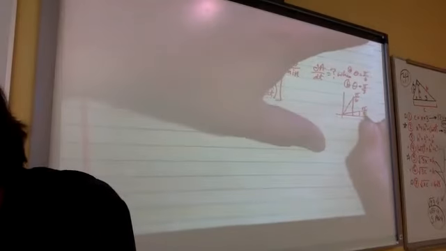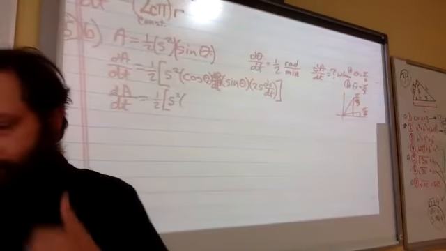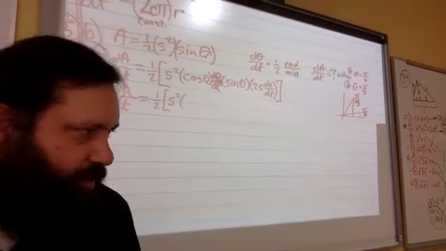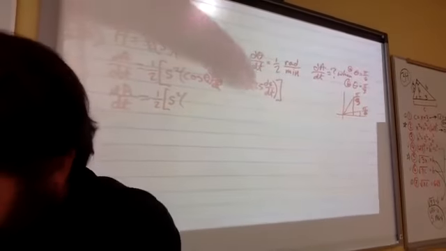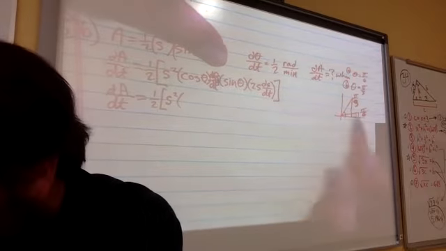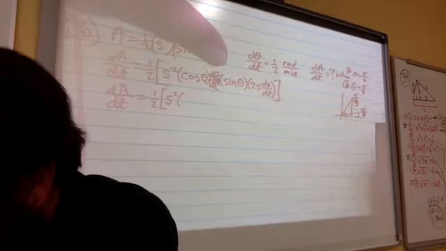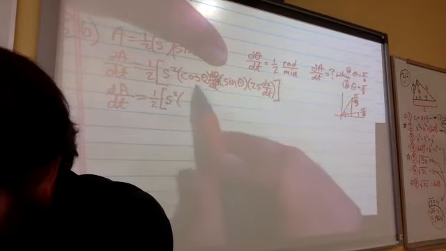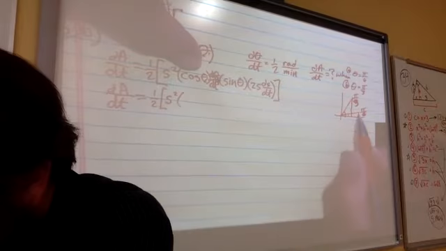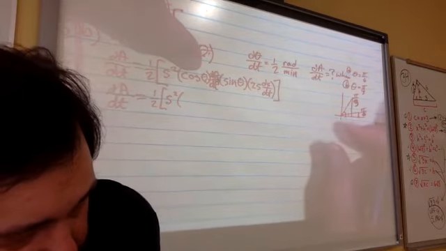Pi over 3 is up here, it's the 60 degree, and pi over 6 is down here, it's the 30 degree. So cosine is x, right? Cosine starts at 1, so it goes down.